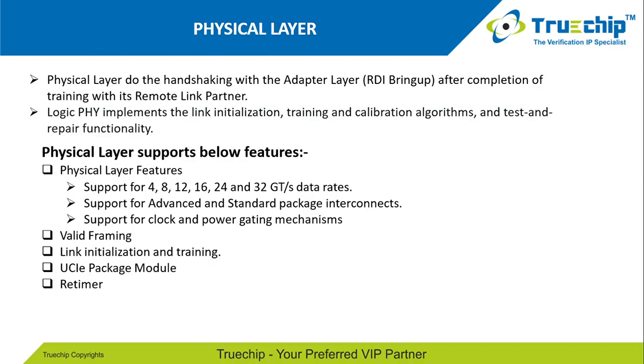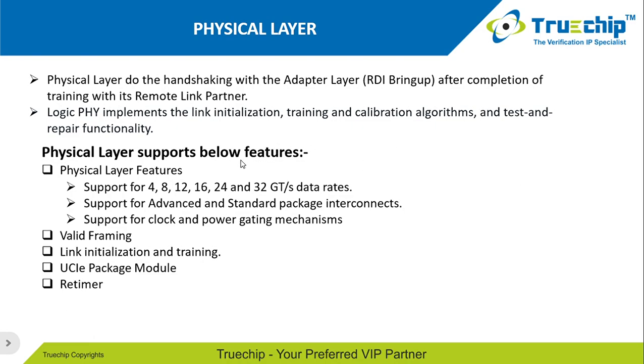Stack 0 is streaming and stack 1 is CXL. So the third layer of UCI is the physical layer, which does the handshaking with the adapter layer, called RDI bring up, after the completion of training with its remote link partner. The logic implements the link initialization, training and calibration algorithms and test and repair functionality.